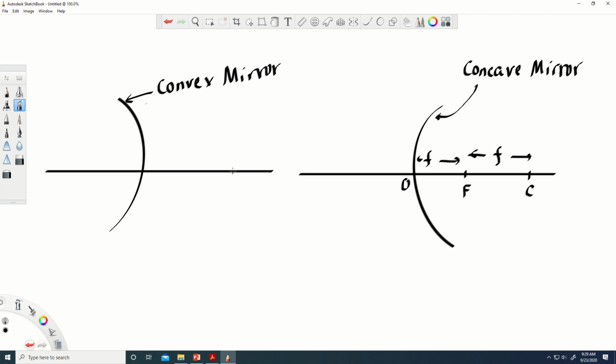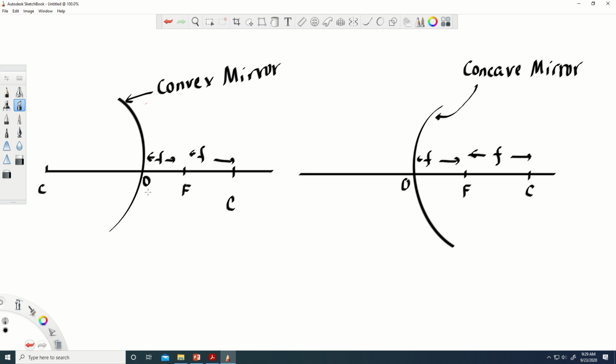So we'll draw C on this side. You can also draw on this side because it's just the length, and halfway between O and C is F. That's focal length. That's what we need to know.